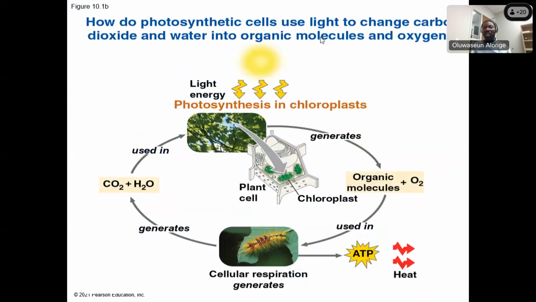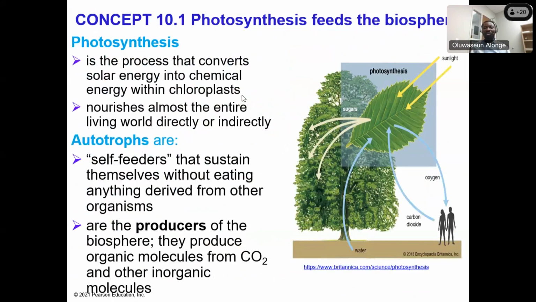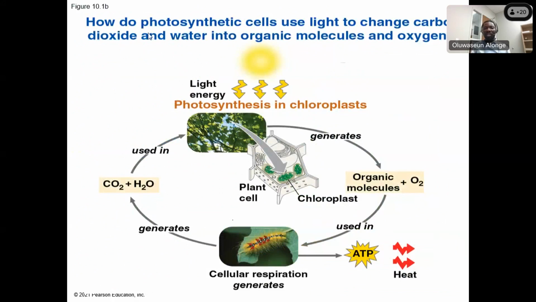So this is the whole cycle of the process. You see that you have light coming in, falling onto plants, and the part of the plant that is responsible for attracting the light is the chlorophyll, which is inside the chloroplast. They attract the light, then use that to generate an organic molecule, which is glucose in this case, and oxygen.